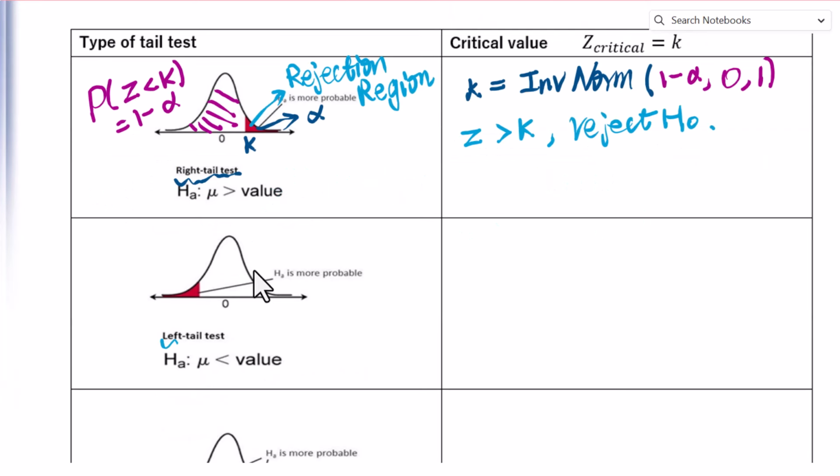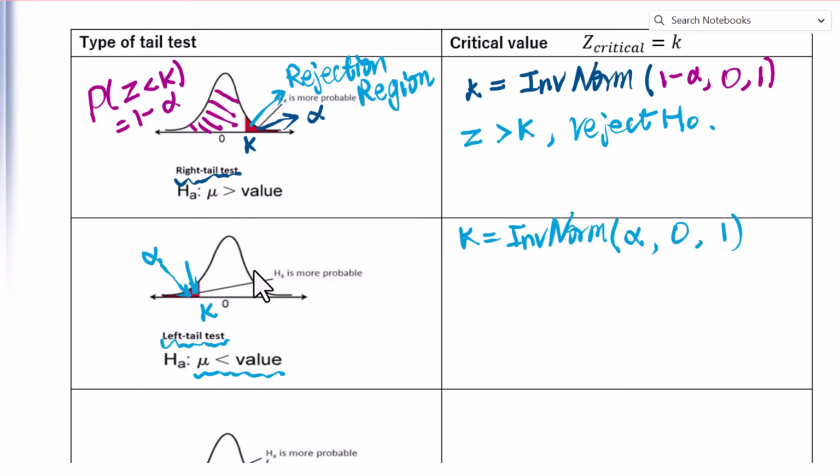When we have a left tail test, it means H1 is mu less than certain value. This is alpha, significance level. So k equals inverse norm of alpha, 0, 1.